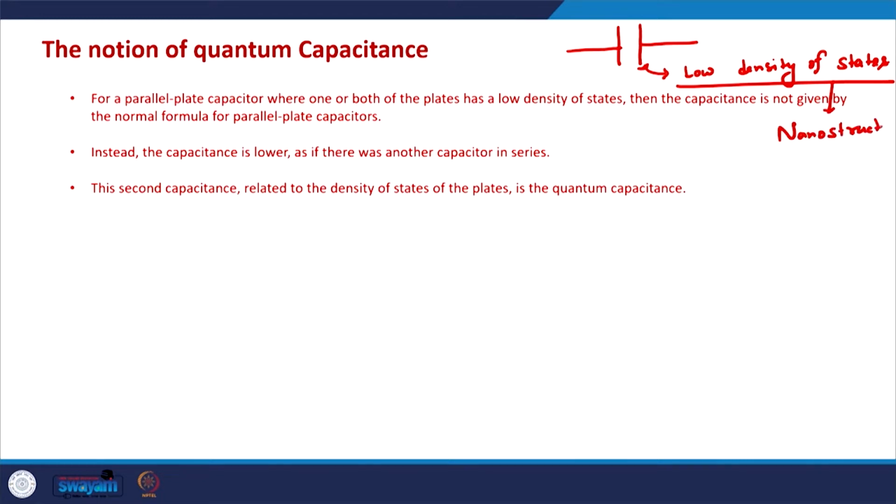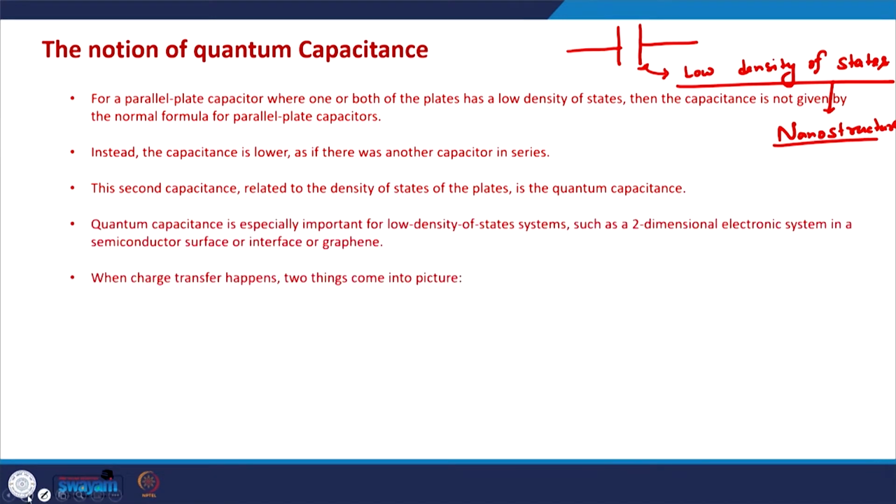So if one of the plates is a nanostructure, in that case what happens is if there is a change in the charge on one plate, the corresponding change will happen on the other plate as well.